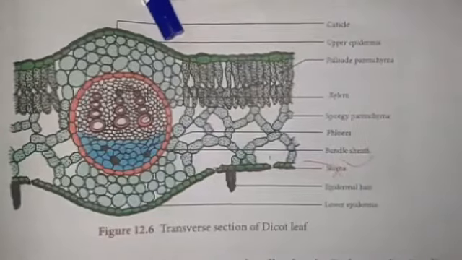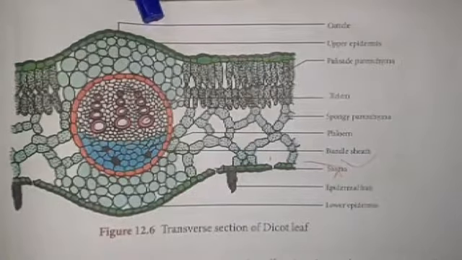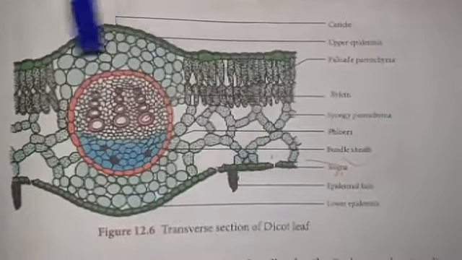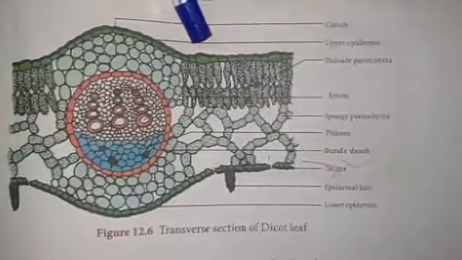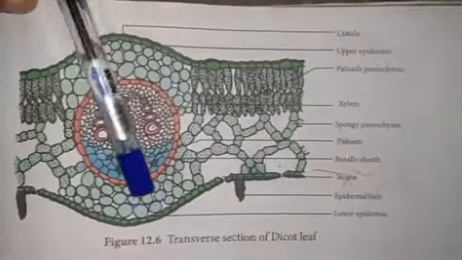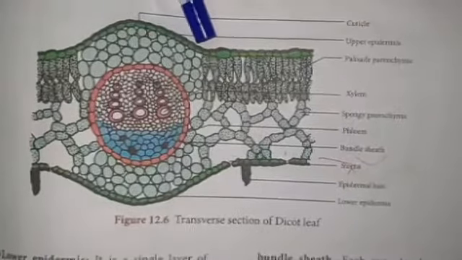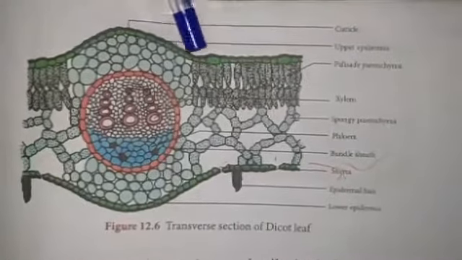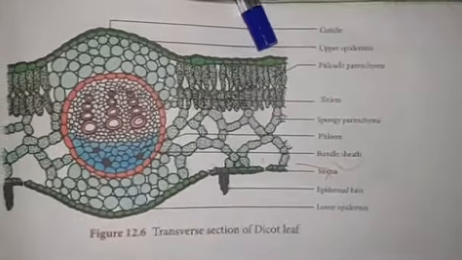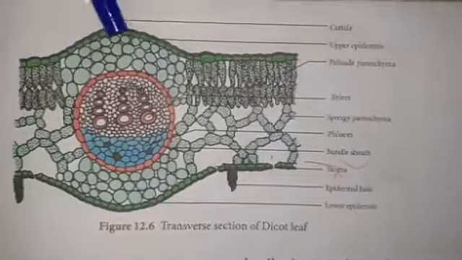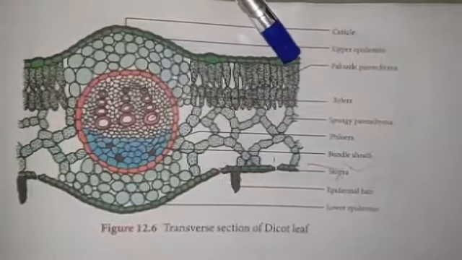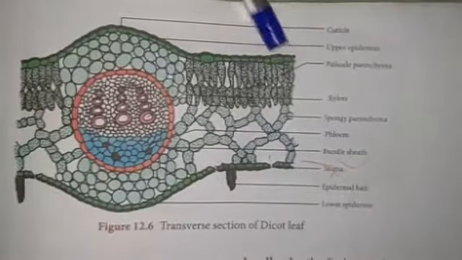Normally the root and shoot have a single epidermal layer, but leaves possess two epidermis, upper and lower. The epidermis is usually made up of a single layer of cells that are closely packed without any intercellular spaces.